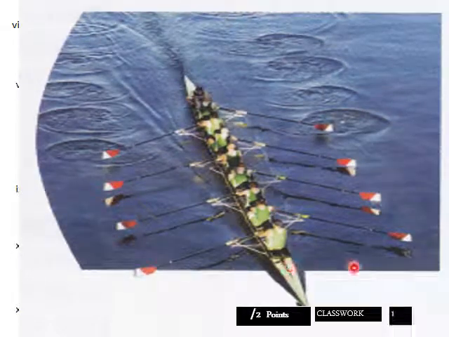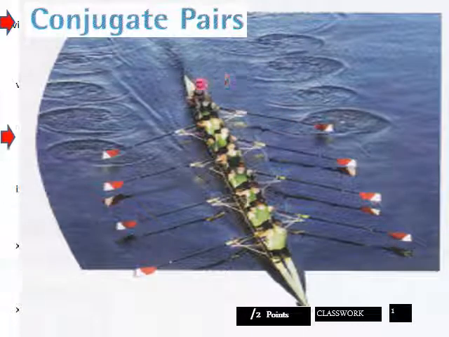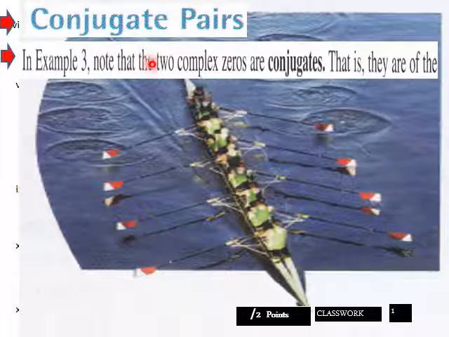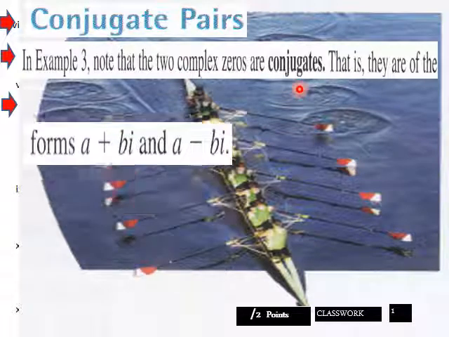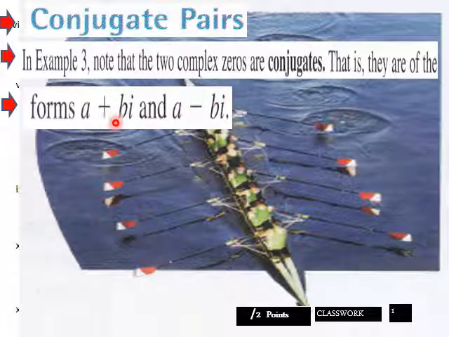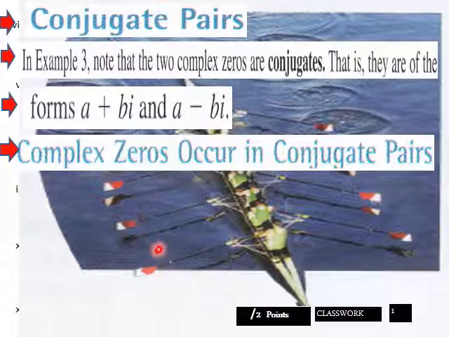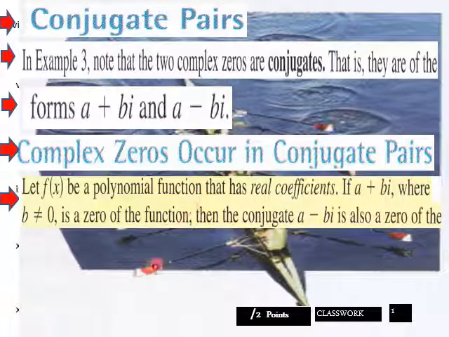Moving on now into our lesson, first page, conjugate pairs, example 3. Note that the two complex zeros are conjugates. That is, they are of the forms a plus bi and a minus bi. So complex zeros occur in conjugate pairs. Let f of x be a polynomial function that has real coefficients.